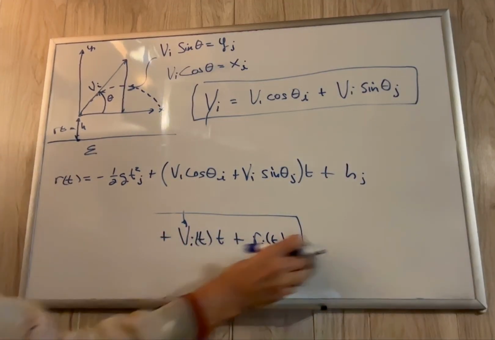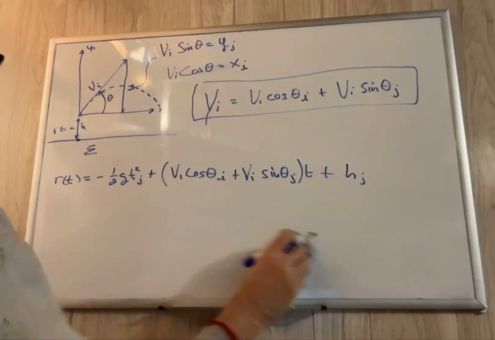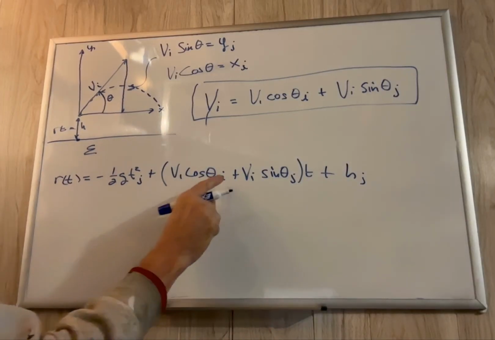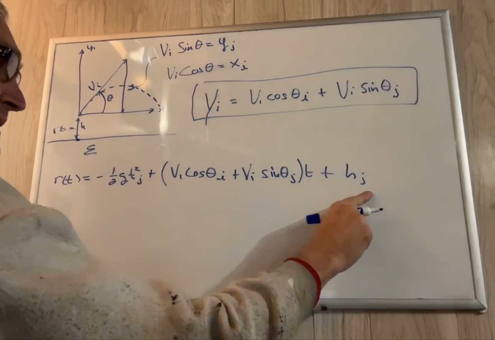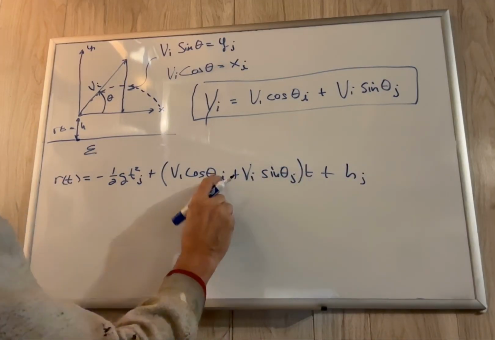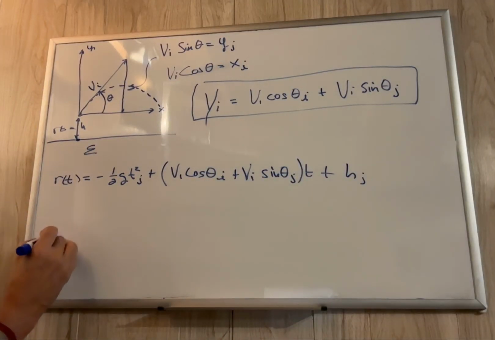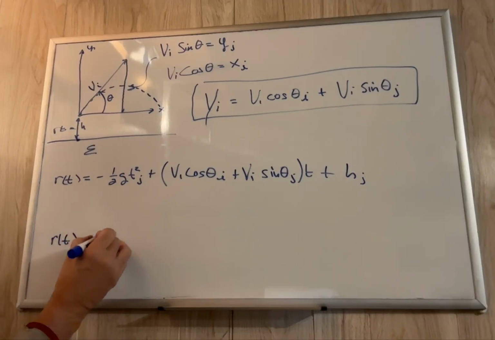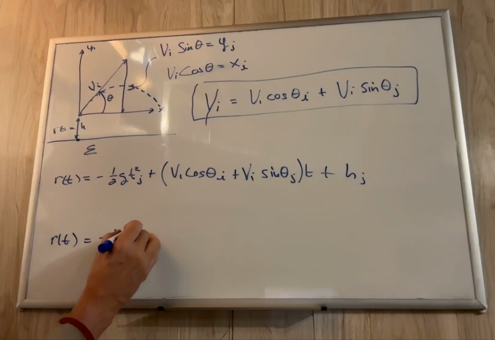All right, so we're almost home. The next thing we have to do is, we have a j, we have i's, we have another j. Let's put our i's and j's together, and then we'll factor in this t. So r of t is going to end up looking like negative 1/2 g t squared.